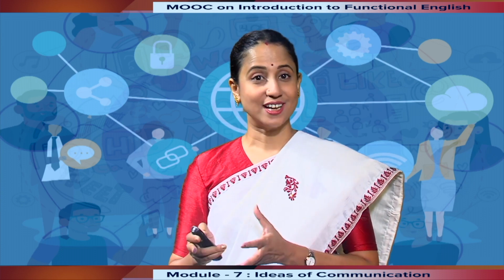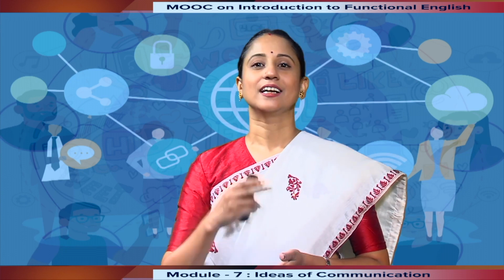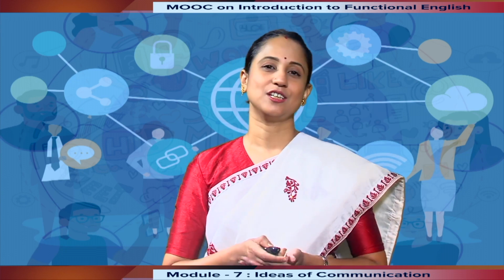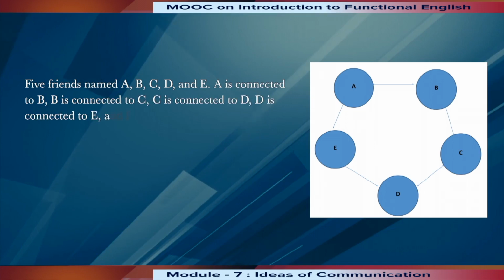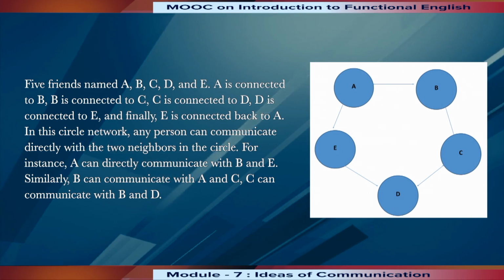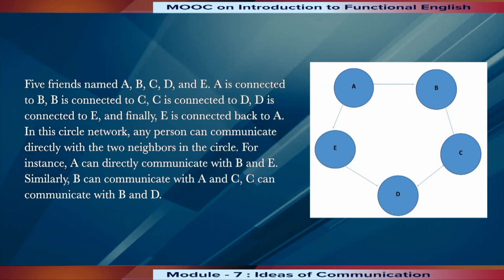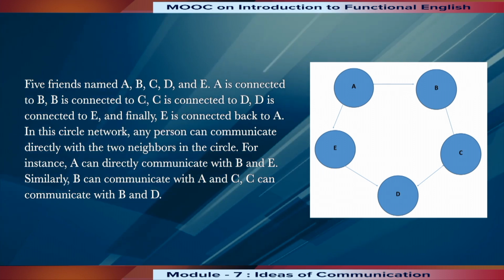Imagine a group of friends sitting in a circle where each person is directly connected to the two adjacent individuals. Let us say there are 5 friends named A, B, C, D and E. A is connected to B, B is connected to C, C is connected to D, D is connected to E, and finally E is connected back to A. In this circle network, any person can communicate directly with the two neighbors in the circle.